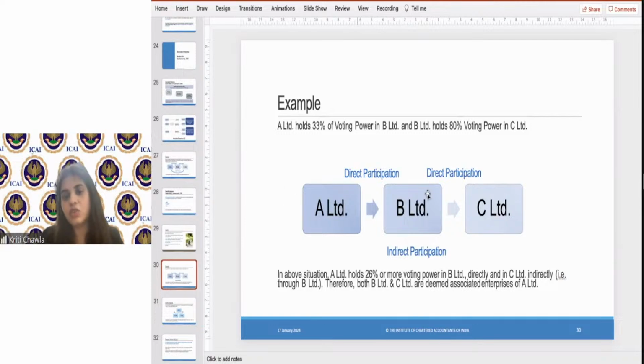And company B holds 80% in company C, which is obviously more than 26%, so company B is also related to company C. Because A is related to B and B is related to C, company A is indirectly related to company C because there is an intermediary in between. So they will all be related to each other. They are deemed associated to each other.